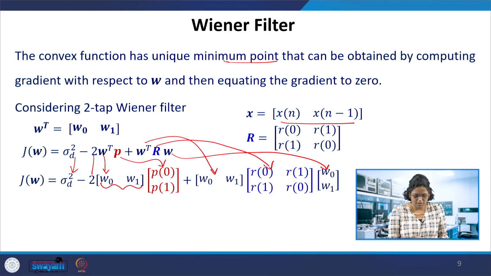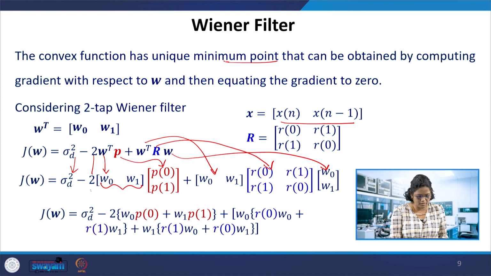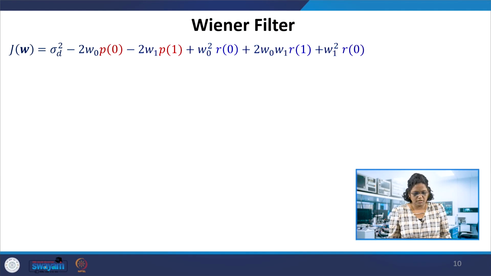So if you multiply them all, we get sigma d square, minus 2 into w0 p0 plus w1 p1, plus w0 r0 and w1 r1, and then w0 r1 and w1 r0. So if we simplify this, that's just a multiplication.